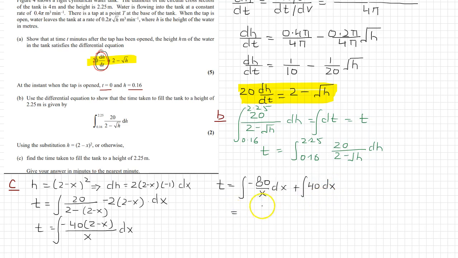So this one is equal to minus 80 ln x, and this is 40x.